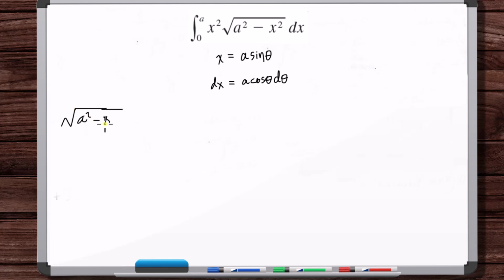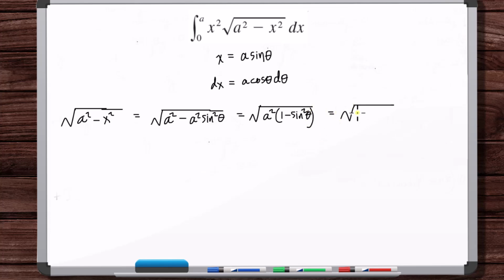And so the square root of a squared minus x squared is the square root of a squared minus a squared sine squared theta, which is a squared times 1 minus sine squared theta, which is a squared cosine squared theta, which is a cosine theta.